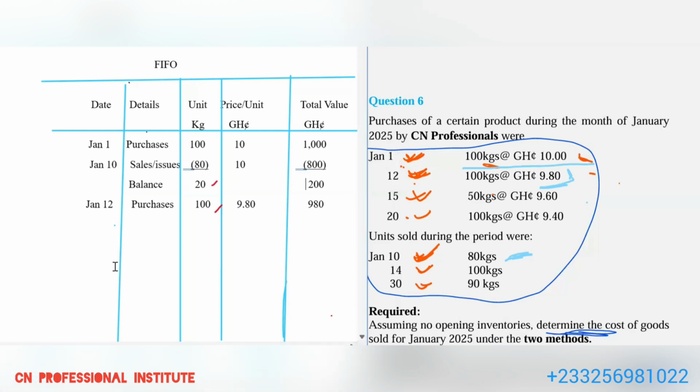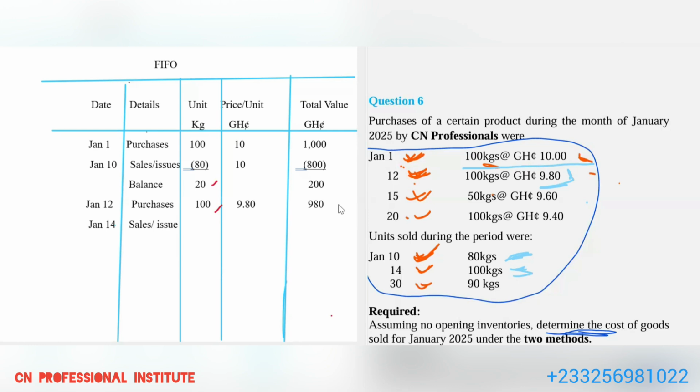So let's continue. Then January 14, we sold. So we can call it sales or issue or even cost of sales. On January 14, we sold 100 kilograms, right?